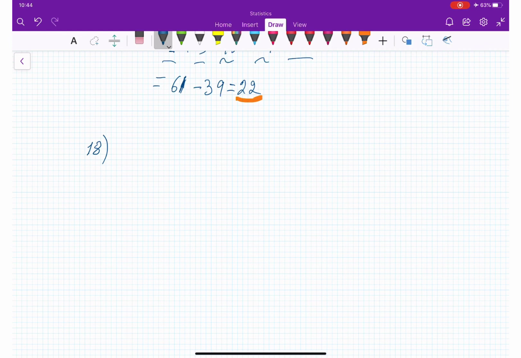So here we are given a graph, and based on the graph, we are going to figure out what polynomial it is. This is 1, this is 2, so we are given the point negative 6. Here we are given 0, 30.